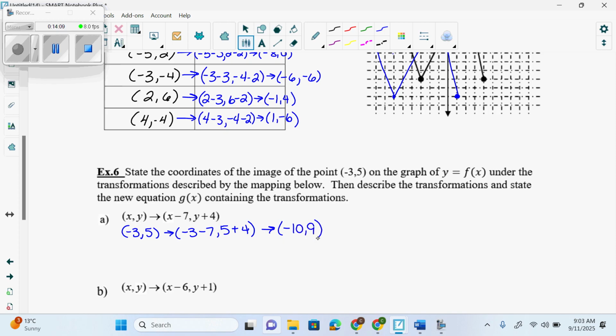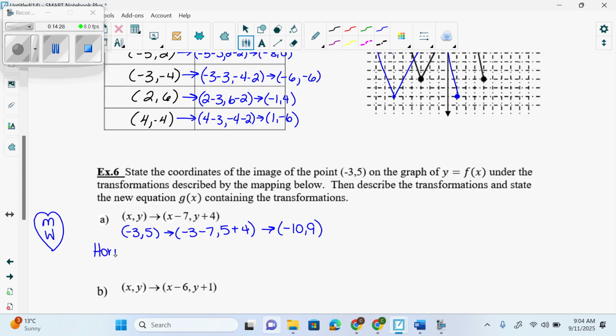Now, we're going from mapping to words. Mapping and words is in a heart. So my mapping and my words will be the same, right? X is the same, Y is the same. Mapping to words in a heart. So if I'm taking an X coordinate and I'm subtracting 7 from it, it's going 7 what? Left.